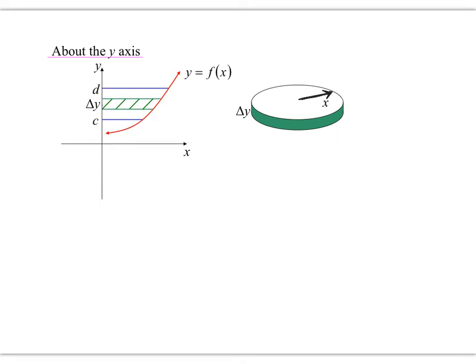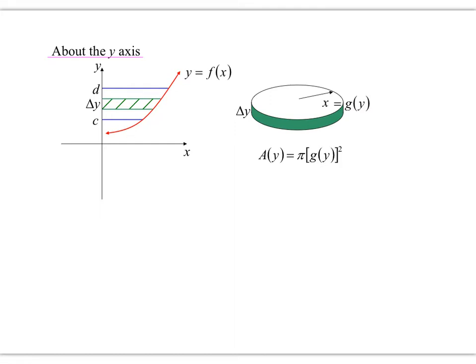The radius of this is going to be, well, there's the radius right here. So it's actually the x value for that, and the x value is going to be g of y. So this is f of x, talking about the function in terms of x, but we're going in the y direction, so it's not going to be y equals something, we want x equals something, but this is going to be in terms of y.